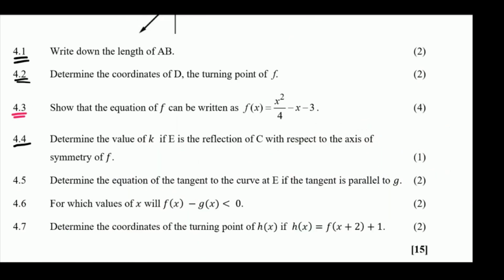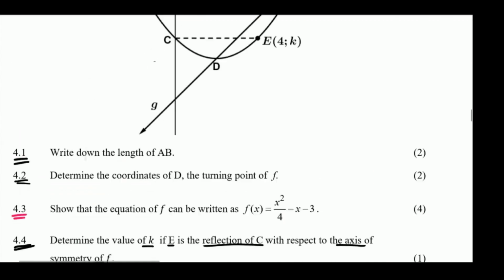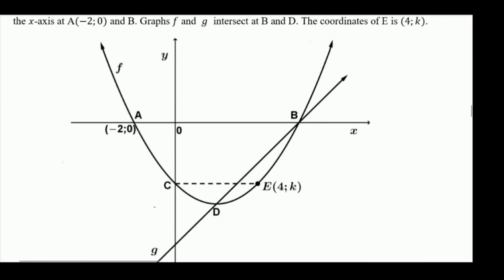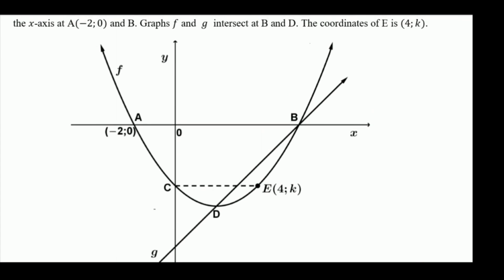So now we're going to do 4.4. The question says determine the value of k if E is the reflection of C with respect to the axis of symmetry. So now we want to identify the value of k. Remember that the coordinates of C were calculated as (0, -3).